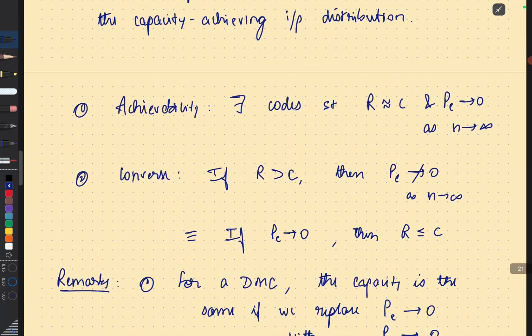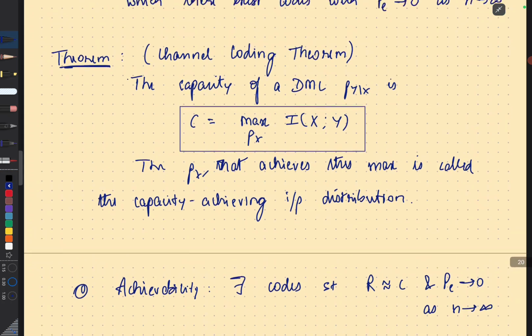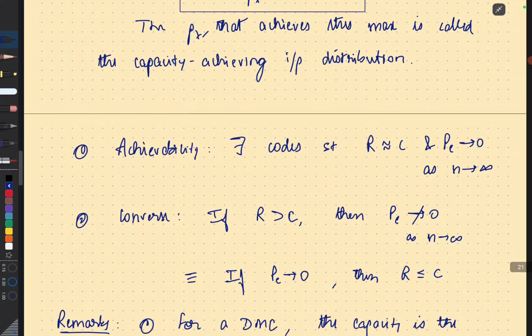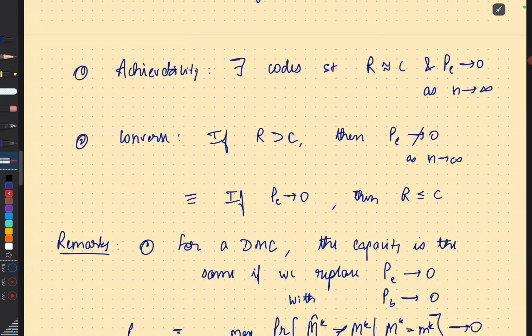So let's now try to prove this channel coding theorem. What we want to show is, if we operate at a rate below the capacity, or arbitrarily close to but below the capacity, then we can design codes for which the probability of block error is vanishing in n. And we also want to show that if we operate at a rate above capacity, then it's impossible to achieve a vanishingly small probability of error.